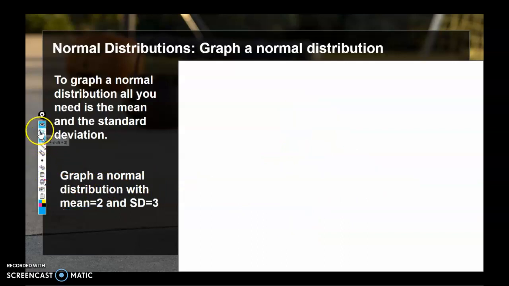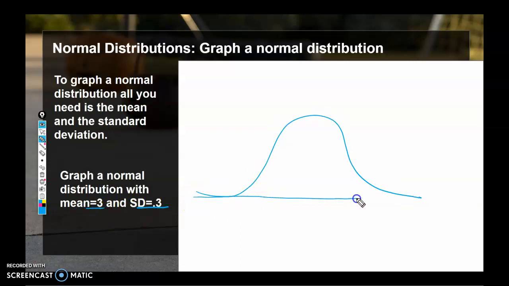So let's try another one. What if I shorten my standard deviation a little bit and make it 0.3? So here's my generalized normal curve. My center then will be 3. My mean is always my center. One standard deviation to the right would put me at 3.3.